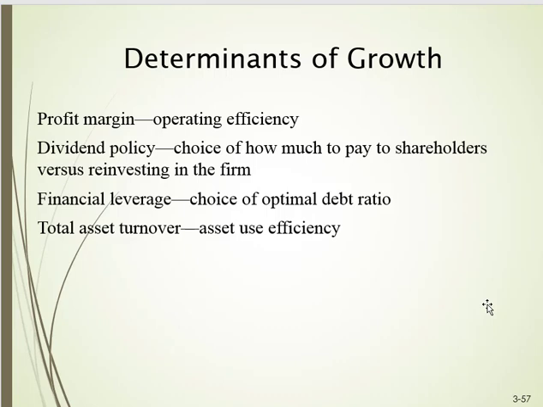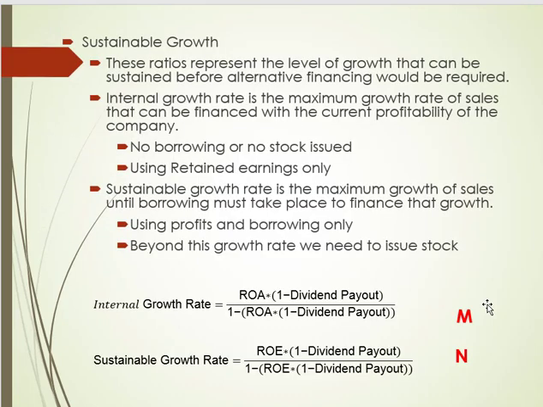Financial leverage, the choice of our optimal debt ratio, will certainly have an impact on how we pay for this growth. And of course, total asset turnover looks at asset use efficiency. So the profit margin is about operating efficiency. The total asset turnover is about asset use efficiency. If we can increase that efficiency, we will increase the growth of the company.